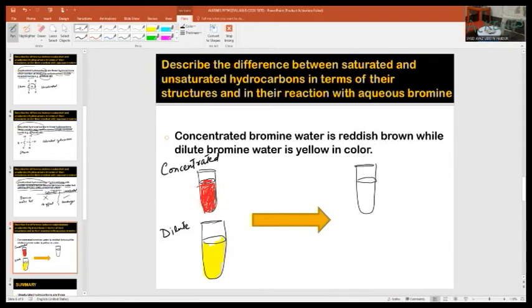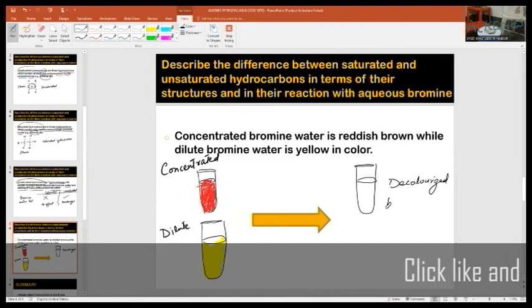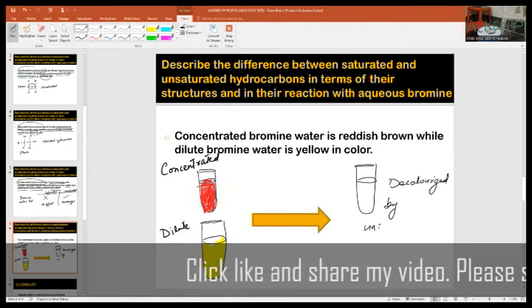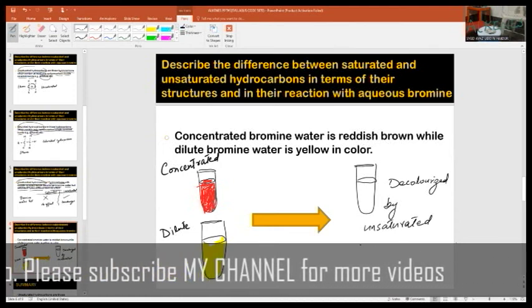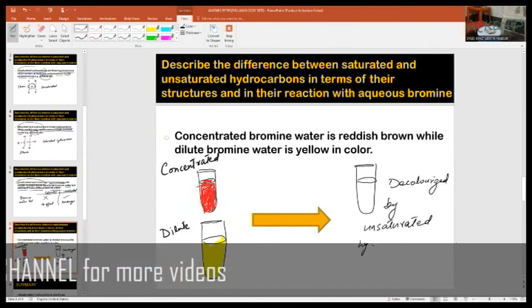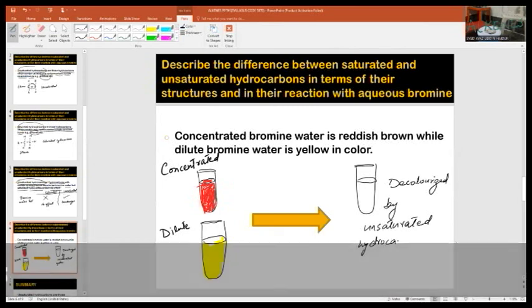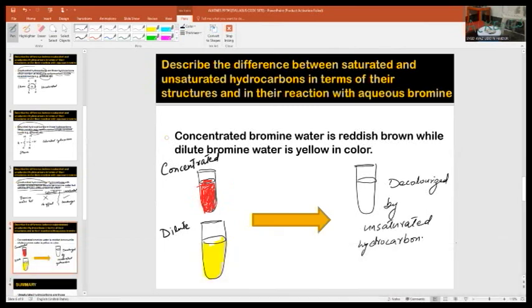Now, if the hydrocarbon or organic compound is unsaturated, it will decolorize it. So you'll write: decolorized by unsaturated hydrocarbons or organic compounds.